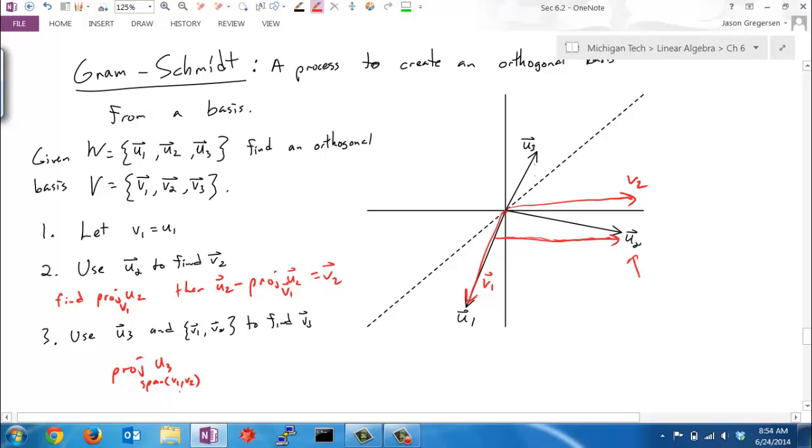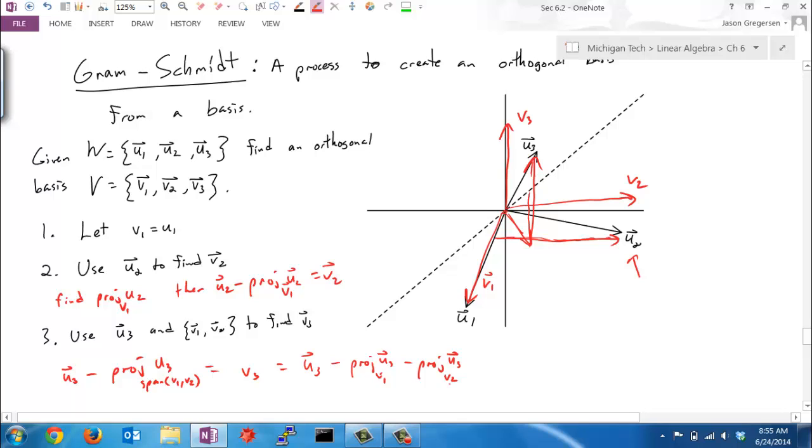It's v1 and v2. And then I can use u3 minus this projection. First I project down and get this vector, and then that difference gives me this vector. Once again, I'm drawing it as a displacement vector, but it's the same thing as this vector here. And that will be my v3. So v3 is going to be u3 minus the projection of u3 onto v1 minus the projection of u3 onto v2.